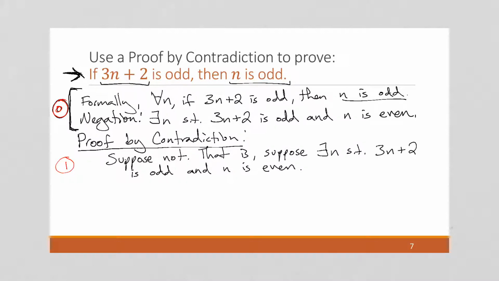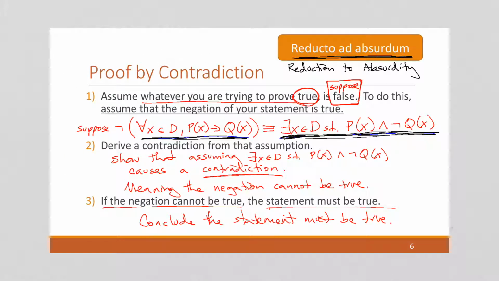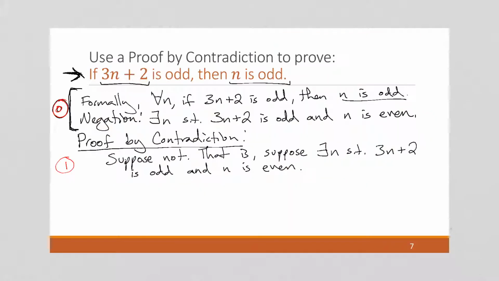Okay, if we look back at our steps, the next step is we want to derive a contradiction from that assumption. Well, I'm just going to start playing with it and see if I can find a contradiction. So one thing I'm noticing here is we're supposing n is even.